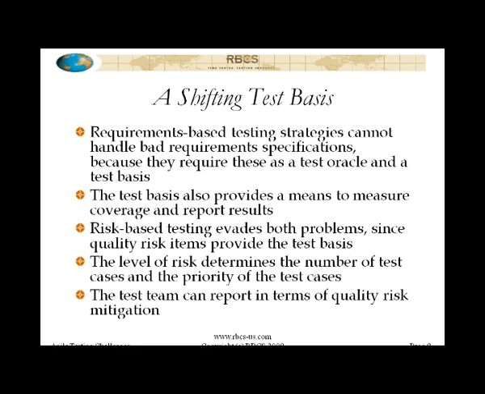The risks change and their priority changes, and that results in a dynamic rebalancing of your testing and rebalancing of your test effort, and then the reporting of results in terms of the quality risk mitigation that's been achieved. And that's going to be more robust. Now, it's not, of course, perfect.